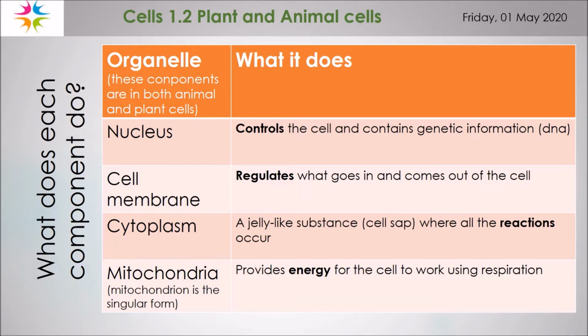And mitochondria are organelles that provide energy for the cell to work using respiration. By the way, mitochondria is a plural, and mitochondrion is the singular form. So that is what each component does in both animal and plant cells.